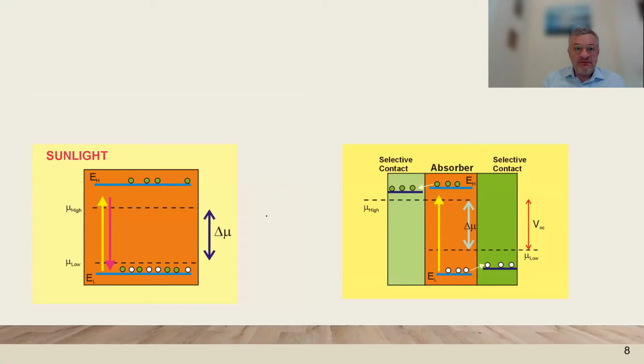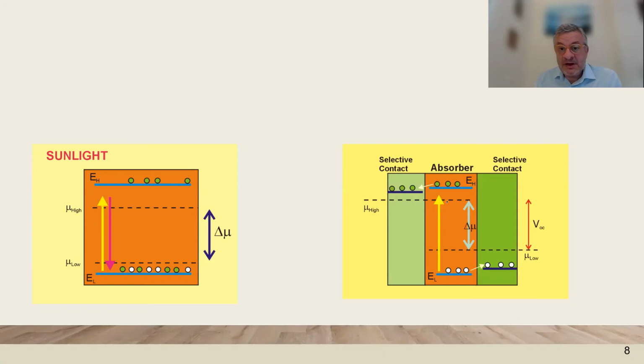As we have explained before, the operation of the solar cell, especially concerning the photovoltaic, is associated to a separation of Fermi levels by illumination in the absorber material. And then there are selective contacts that take better or worse the separation of the Fermi levels.